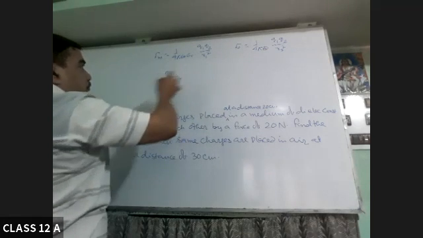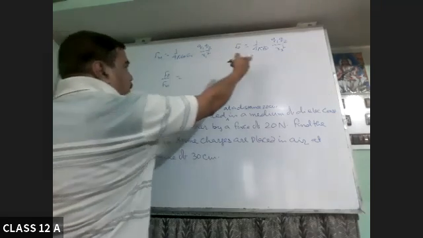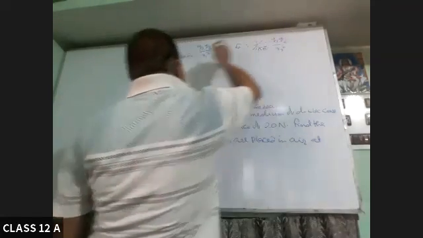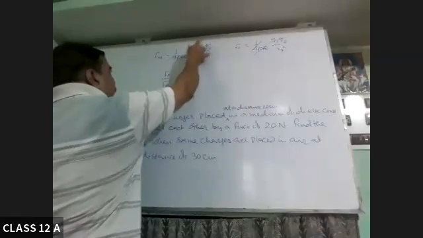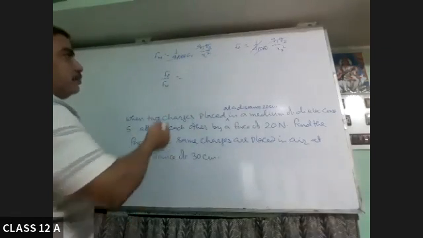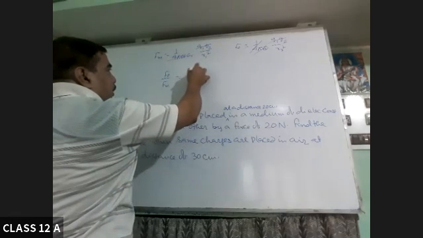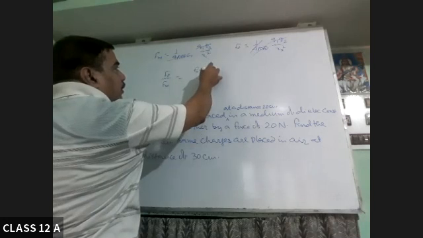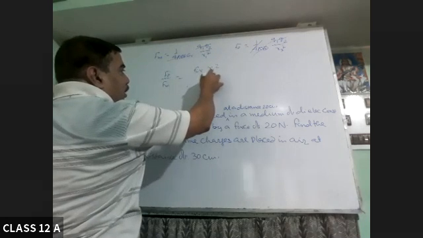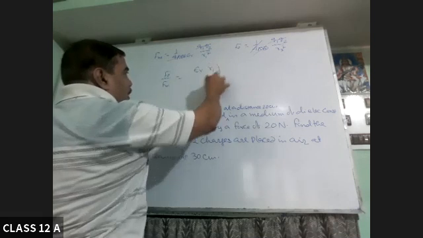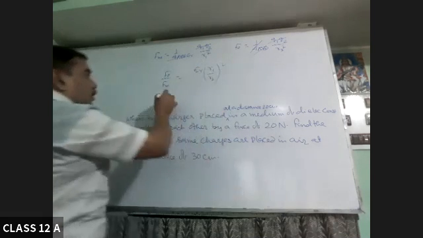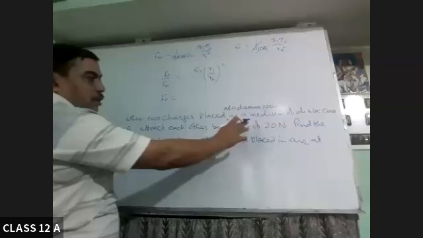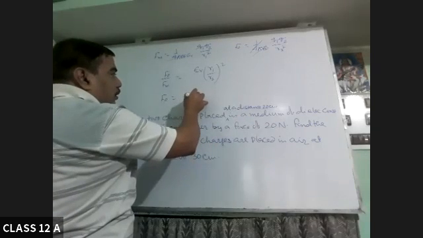So what will come? This by this. So 1 by 4 pi epsilon naught q1 q2 cancel. So what is left? Epsilon r times r1 square over r2 square, or r1 over r2 whole square. Fm you are given how much? 20 Newton.